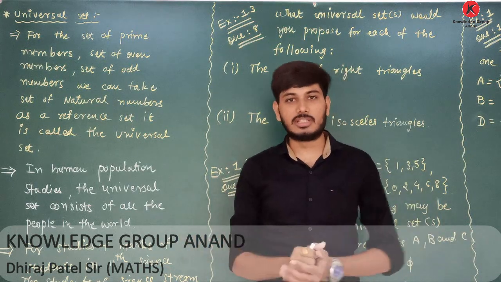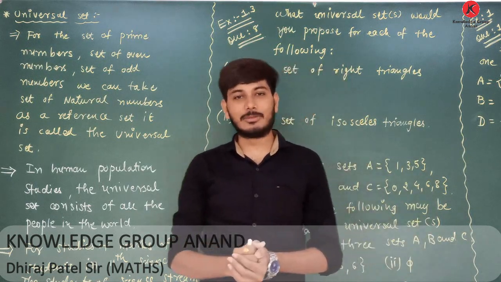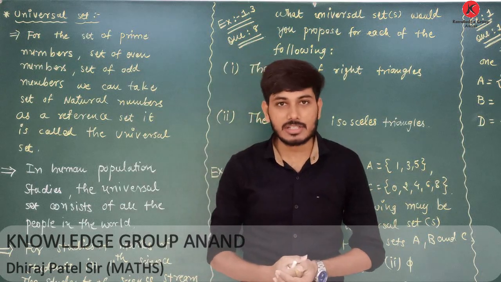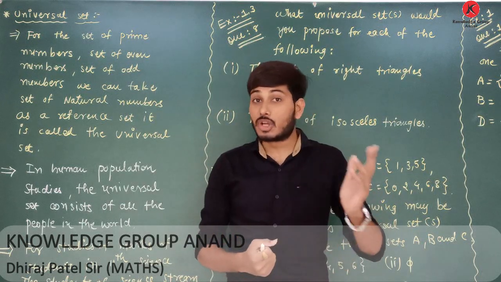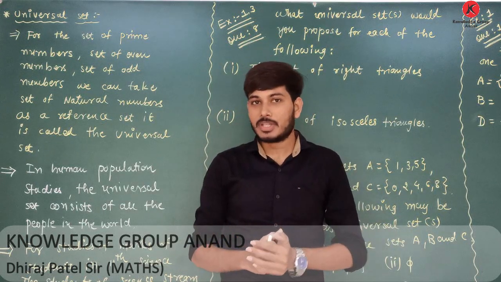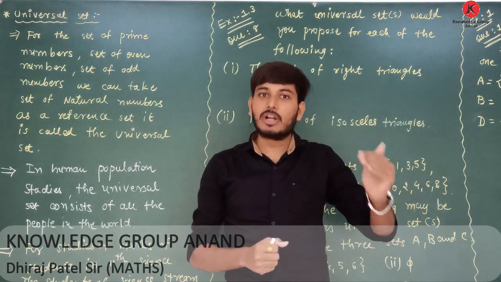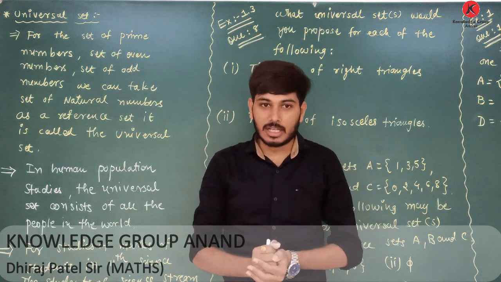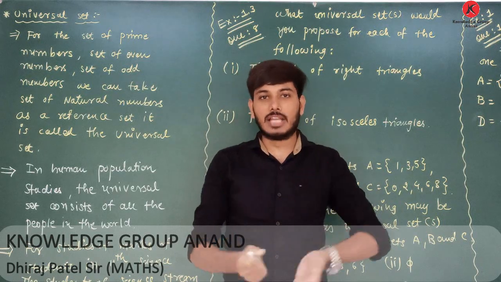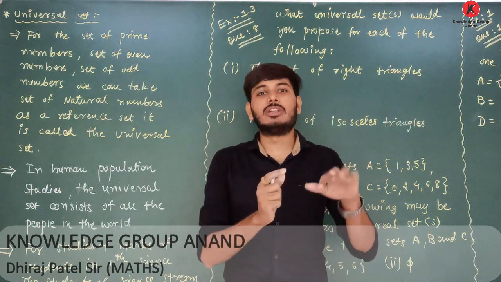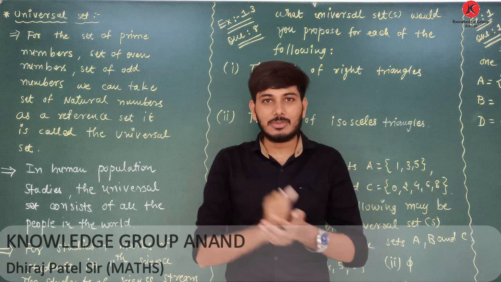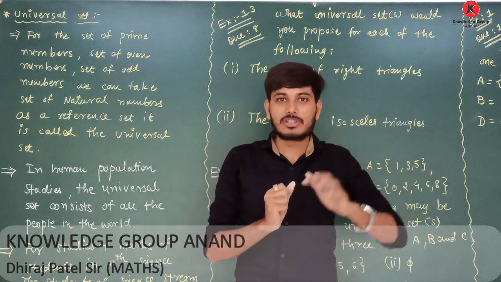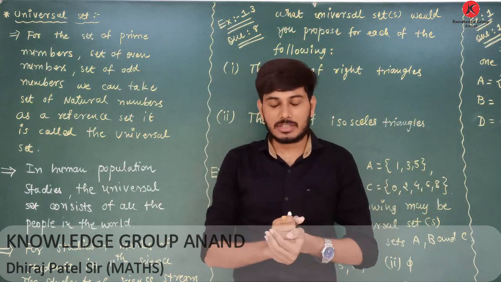We also deal with the set of even numbers. We can also deal with the set of odd numbers. Here prime numbers, even numbers, odd numbers, and we can deal with the relations between odd numbers and even numbers, and between prime numbers and even numbers.